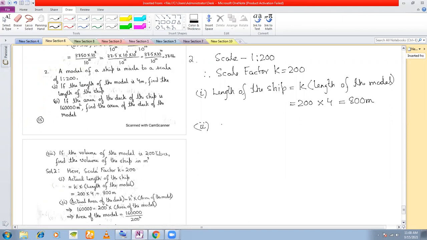Next question is, if area of the deck of the ship is 1,60,000 meters square, find the area of the deck of the model. So actual area is equal to K squared times area of the model.